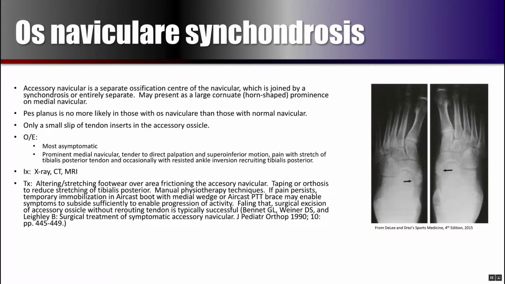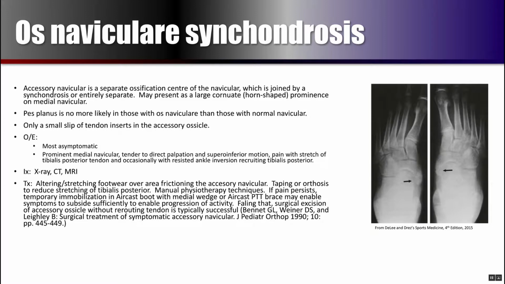Of interest, pes planus is no more likely in those with os naviculare than those with a normal navicular. And for those interested in surgical management, only a small slip of tendon inserts in the accessory ossicle.